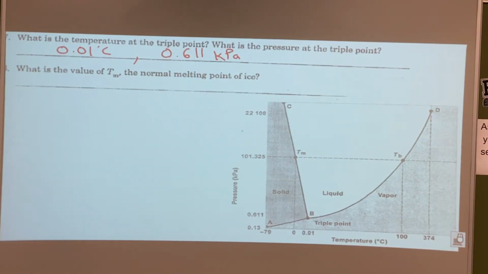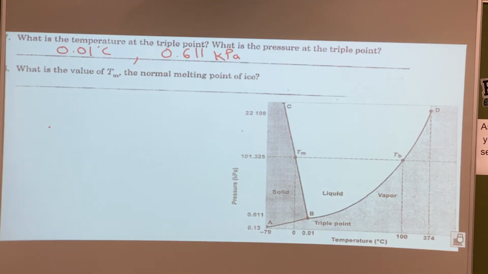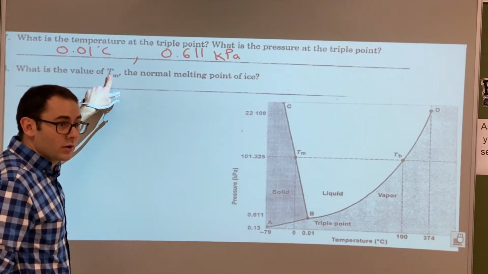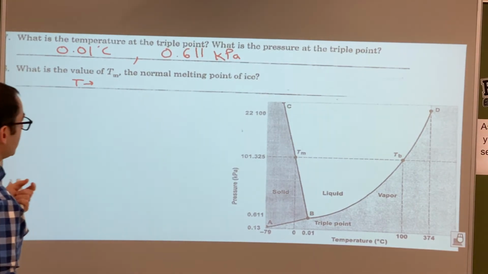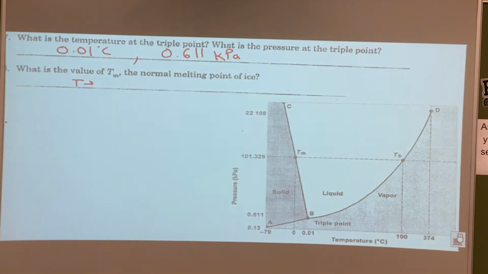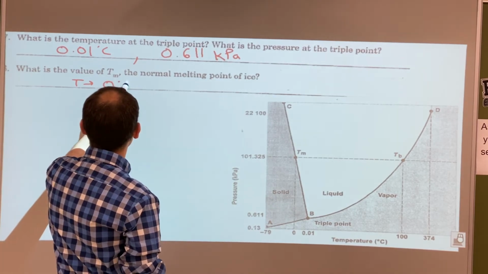Okay, and what is the value of Tm, the normal melting point of ice? What is the value of Tm? All right, what does T stand for? Yeah, temperature. So we're looking for the temperature, all right? So what's the temperature at the normal melting point of ice? Yeah, 0 degrees Celsius, right? So we go down, we get 0 degrees Celsius.